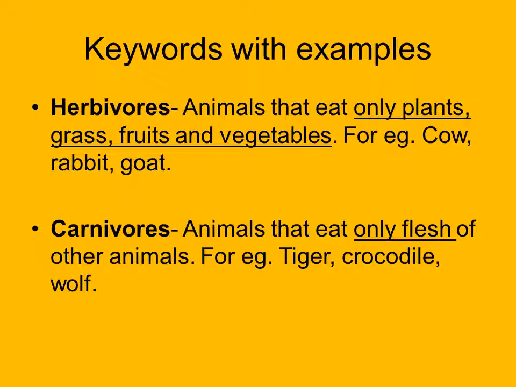Flesh of other animals. Hence they are known as carnivores. For example, tiger, crocodile, wolf. Even if you understand the word carnivore, carn means flesh and vores means eating. So, flesh eating animals. I hope you have understood carnivores.